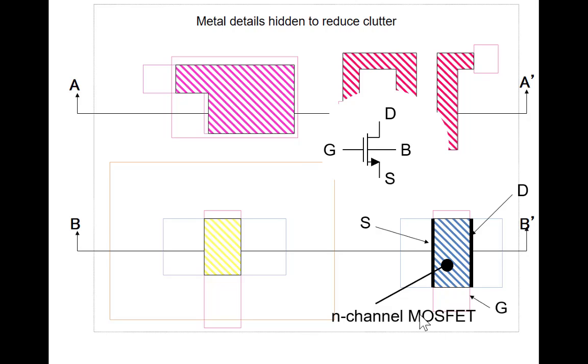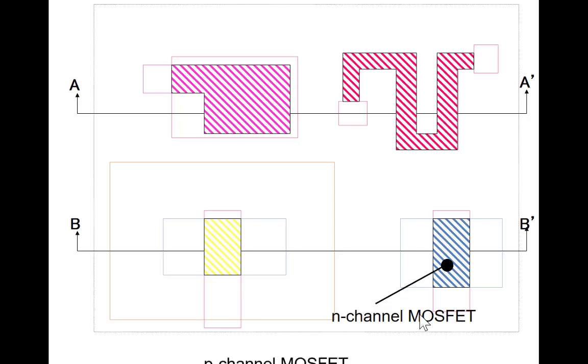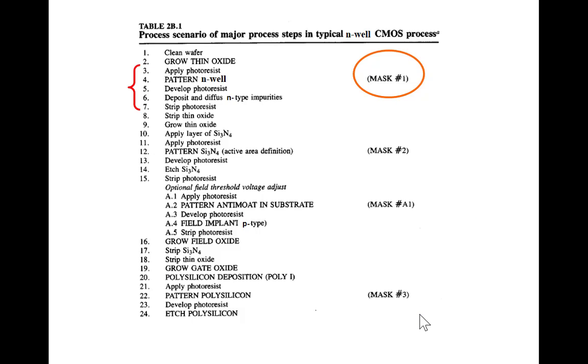What we see in the lower left, I think, is the P-channel MOSFET. What we see in the upper left is the capacitor, and what we see in the upper right is a poly resistor. Okay, so we're going to see how those devices are formed.